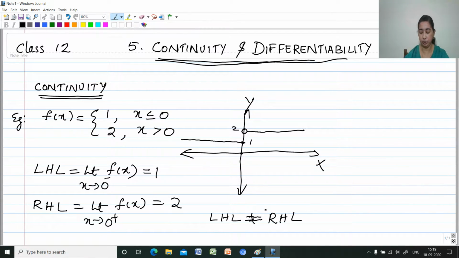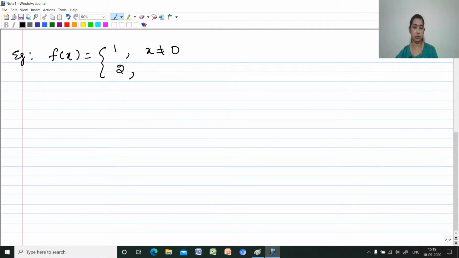For that we'll move on to one more example. Another example is f of x equal to 1 when x is not equal to 0 and equal to 2 when x equals 0. We'll just check this before concluding what is continuity.